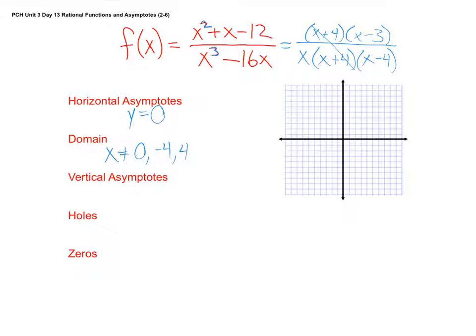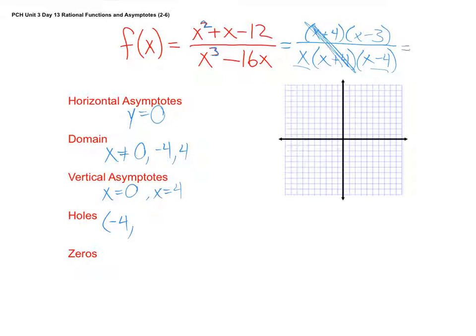That means that -4 gives us a hole. And our vertical asymptotes are going to be x equals 0 and x equals 4. So the one that cancels gives us a hole. The other two give us asymptotes.